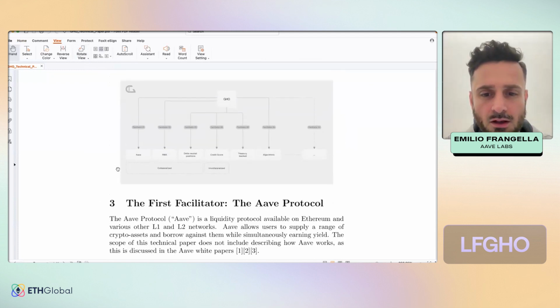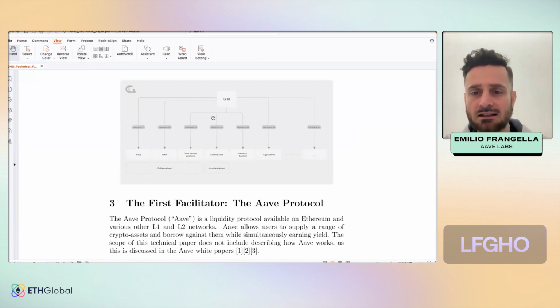Okay, if you can see this diagram, it highlights the architecture of Go. The architecture is quite different from other decentralized stablecoins available in the market.